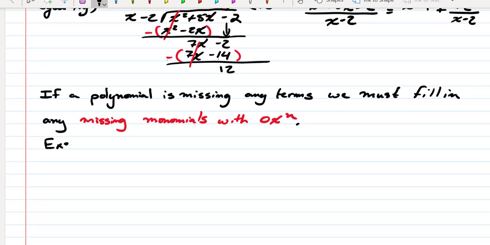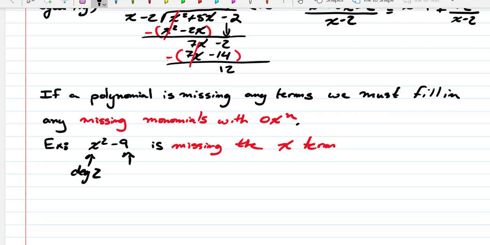So for example, if we had x squared take away 9, it is missing the x term because it has a degree 2 and it has a constant which is degree 0, but it's missing its degree 1 term. So it has to have all of them as we count down.